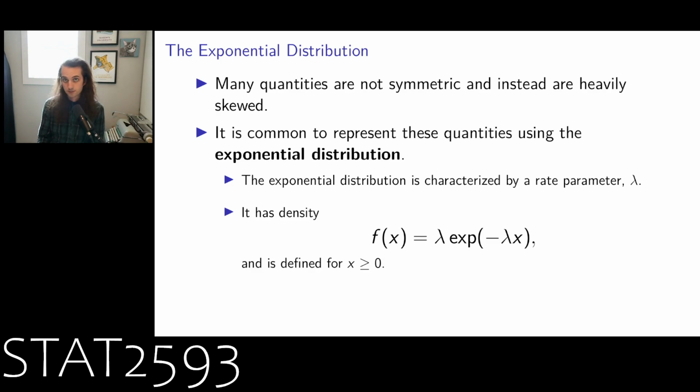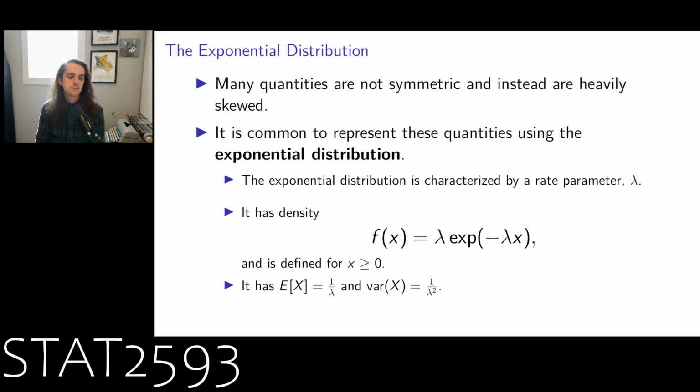It's only defined for positive x, so the lowest value of x is 0, and then any positive value can be observed with an exponential distribution. We can also work out, simply by integrating, that the expected value is going to be 1 over lambda, and that the variance is going to be 1 over lambda squared. So we see the variance is the square of the expected value.